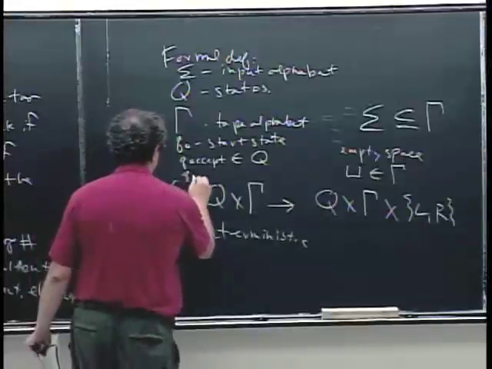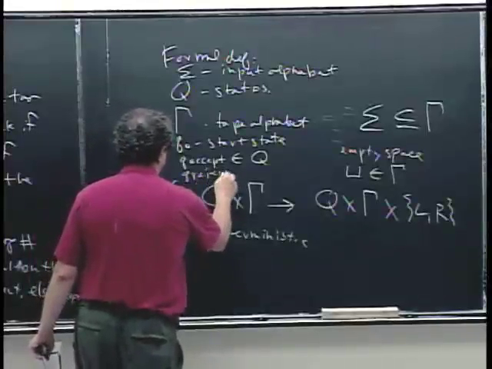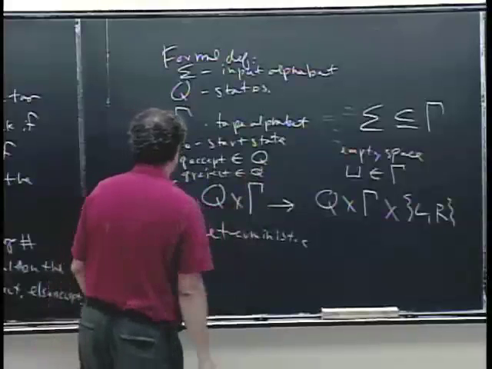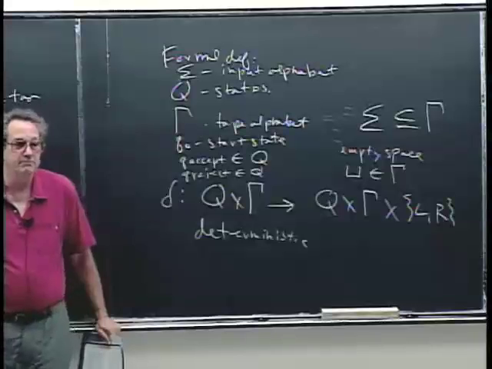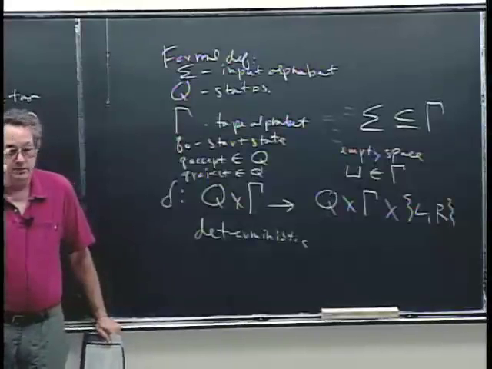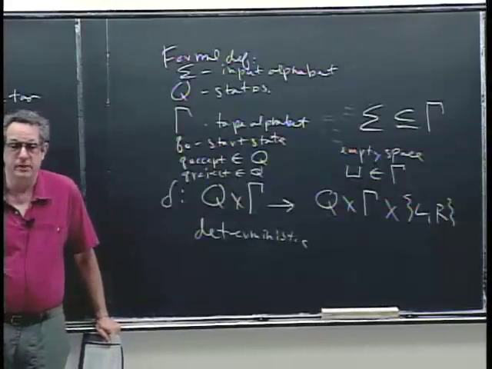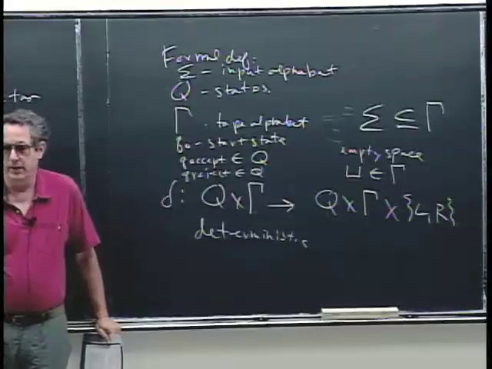And similarly, it has a reject state. As soon as it goes into the reject state, it rejects. So this is unlike the case of a finite state machine where it had accept states, but anything else that wasn't an accept state was automatically a reject state.